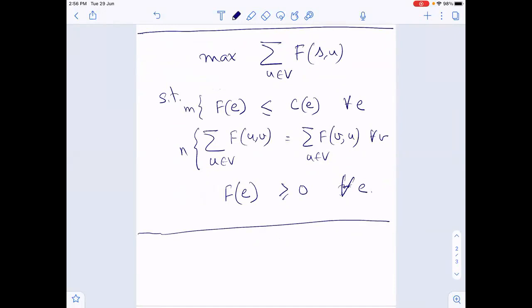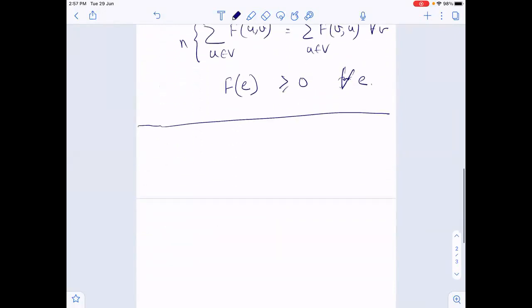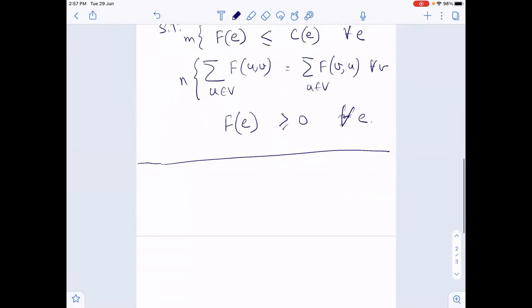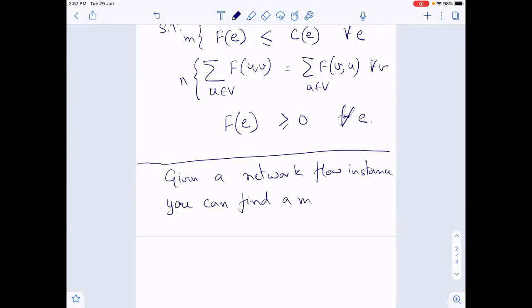So what does this mean? That if I give you a graph, a network flow instance, you can find a maximum flow in polytime.